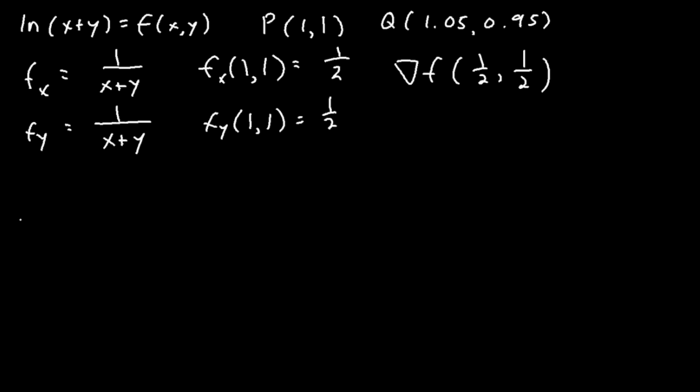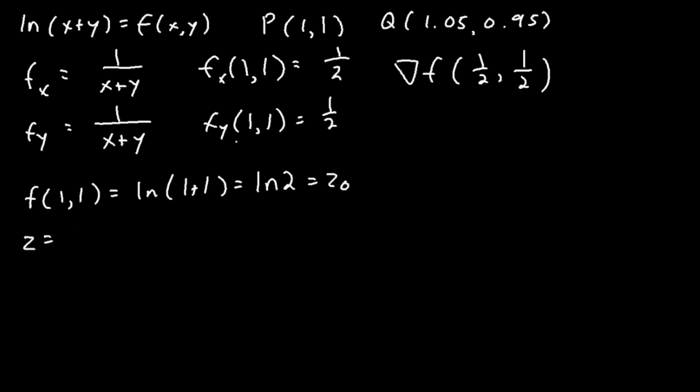Once we have 1/2, 1/2, let's find the equation of the plane, but first we need to find our z null value. So just plug our point into the function, and we get ln of 1 plus 1, which is equal to ln of 2, which is equal to our z null value. So this is z.